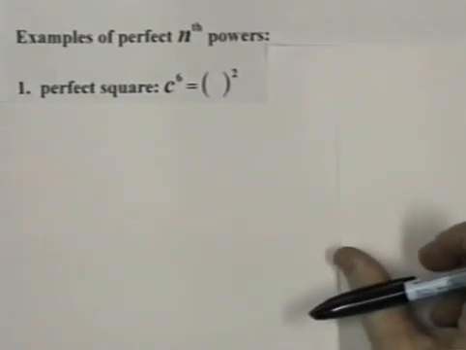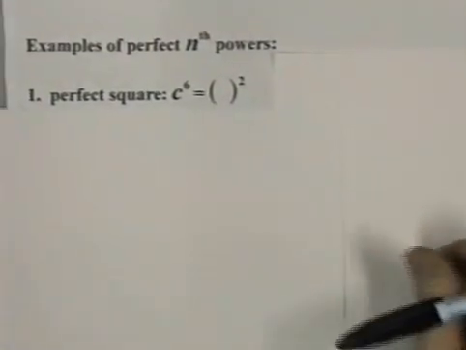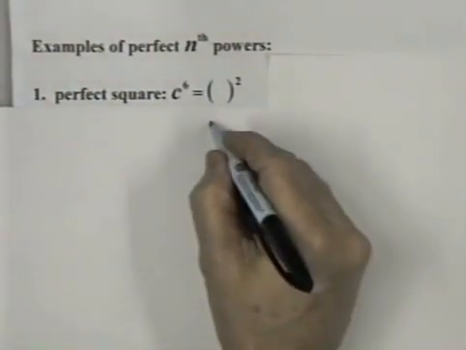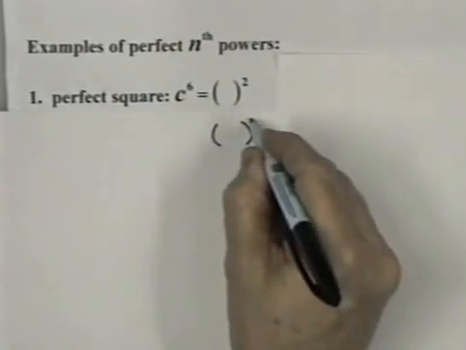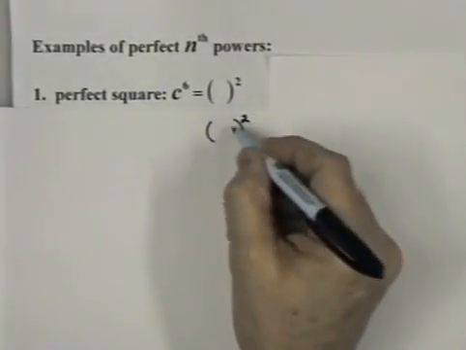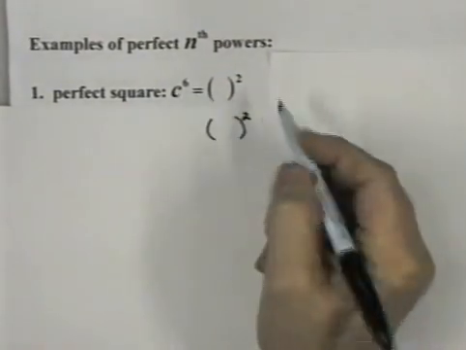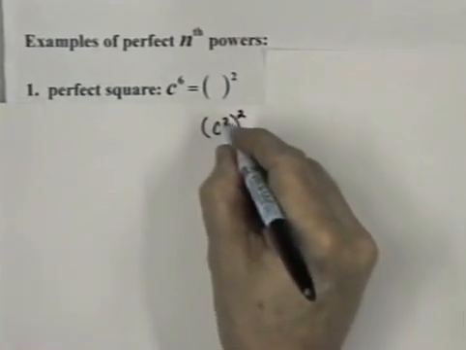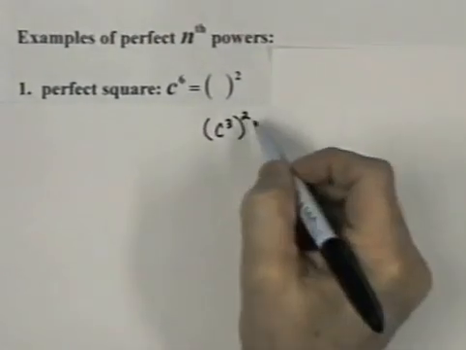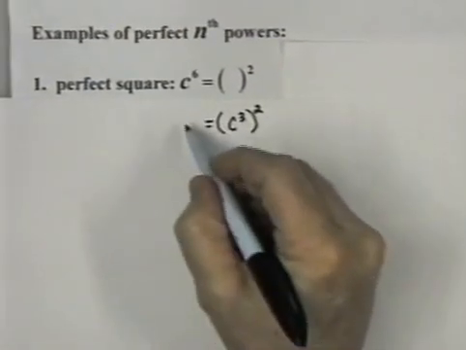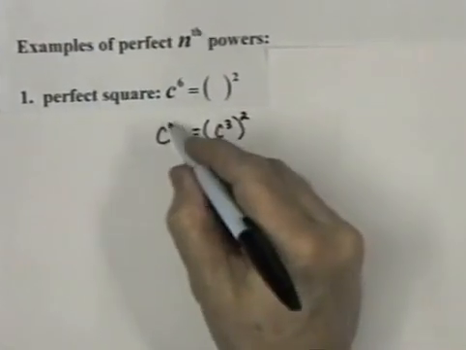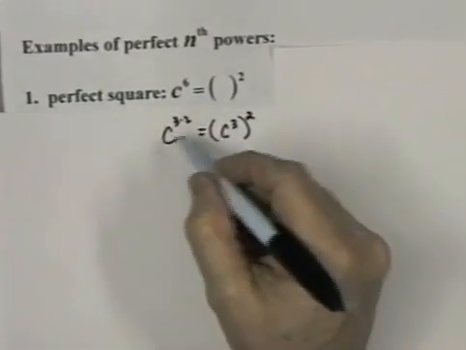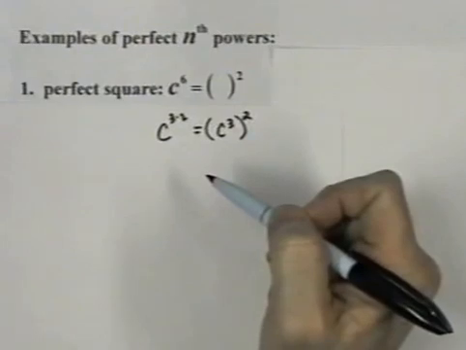Perfect square, c to the 6th. Is that a perfect square? It is if there is a quantity we can put inside here that'll give us c to the 6th. Well, sure. C cubed. By the power of a power property, that is, of course, c to the 3 times 2, or c to the 6th.